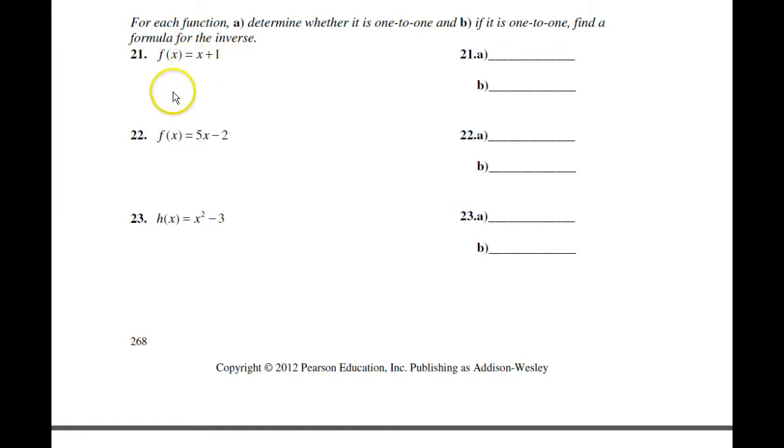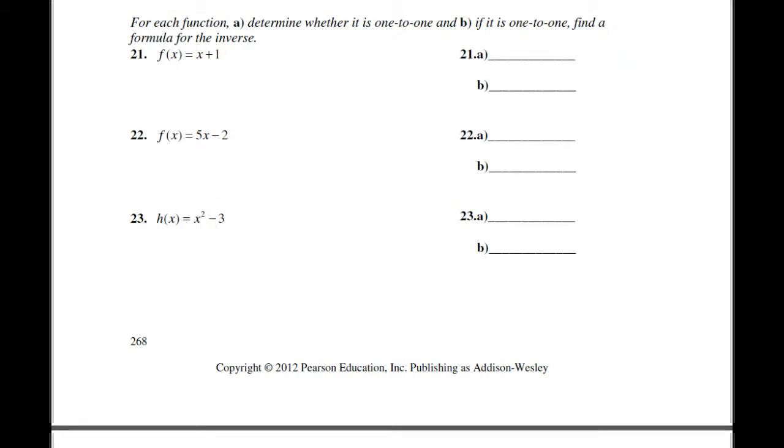This is just a typical graph where your y-intercept is 1 and your slope is 1. Here your y-intercept is -2 and your slope is 5 over 1. So these both pass the horizontal line test and are one-to-one. And this one's the parabola again, and it does not pass the vertical line test.